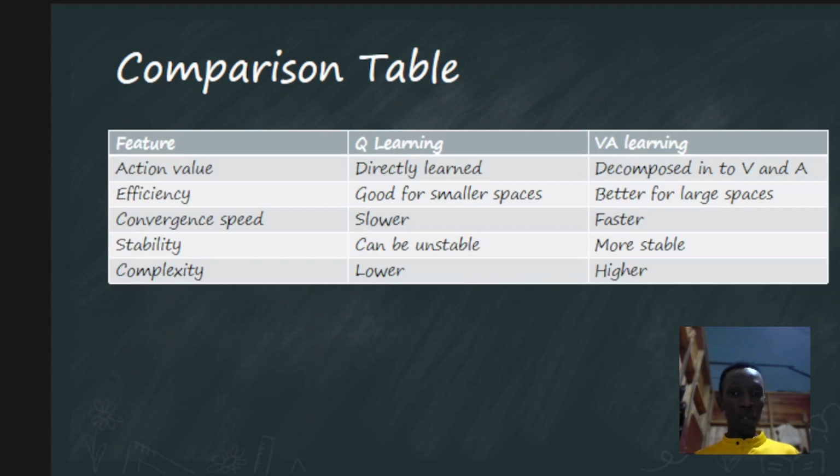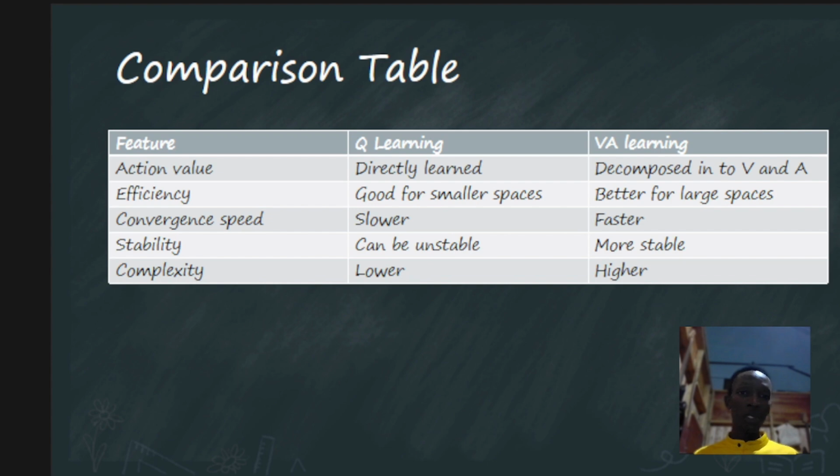So we have comparisons here. According to the feature, in Q learning the action value is directly aligned, while in VA learning it is decomposed into the value and advantage. According to efficiency, Q learning is good for small spaces, while VA learning is better for large spaces.